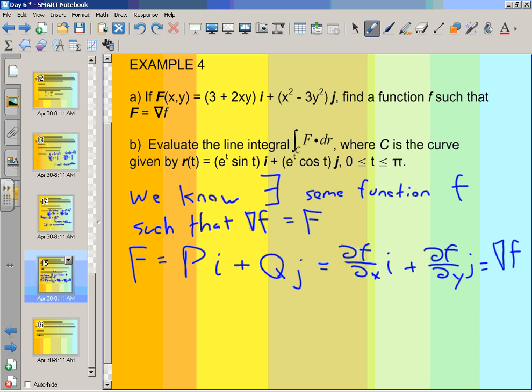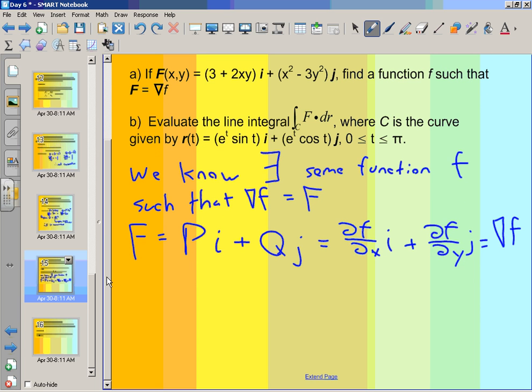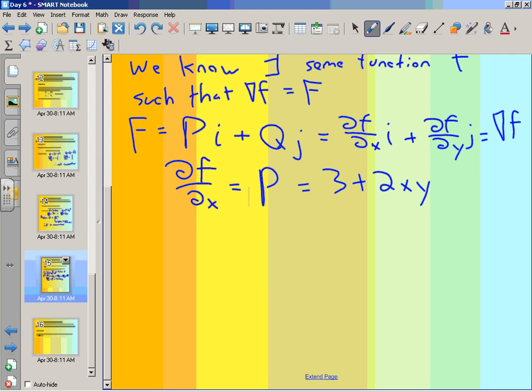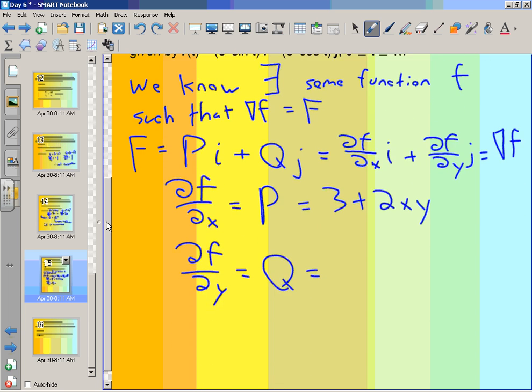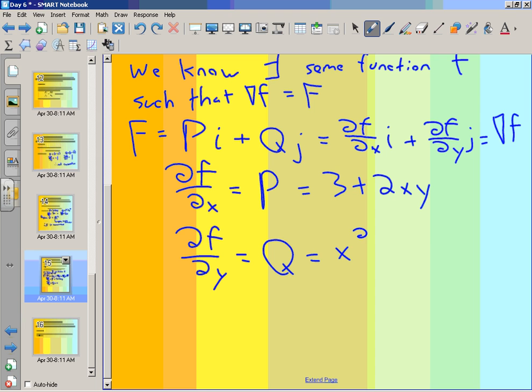So we get these two equalities: df/dx equals P, which equals 3 plus 2xy, and df/dy equals Q, which is x squared minus 3y squared.